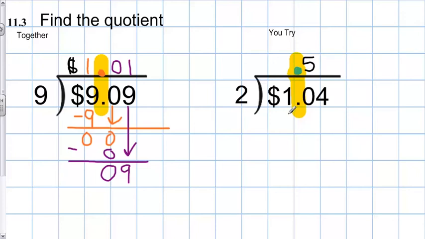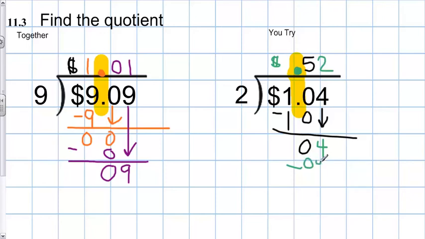How many times does 2 go into 10? 5 times. 2 times 5 is 10. So I'm going to be subtracting 10. Pull my 4 down. How many times does 2 go into 4? 2 times. If I subtract 4 here, 0.